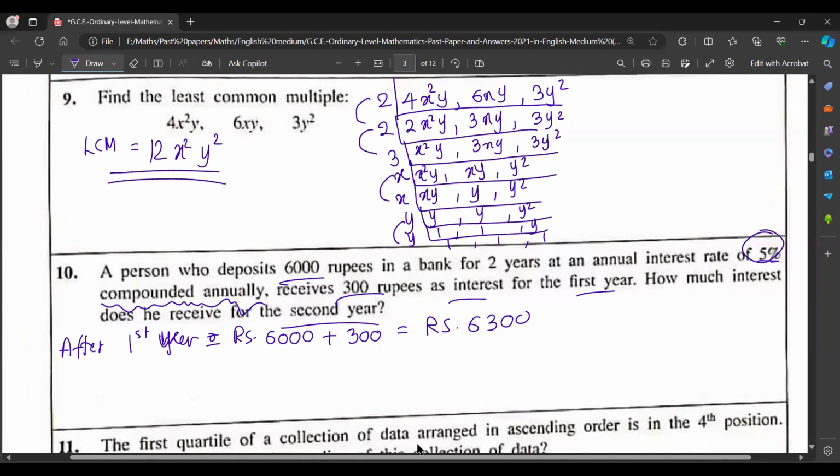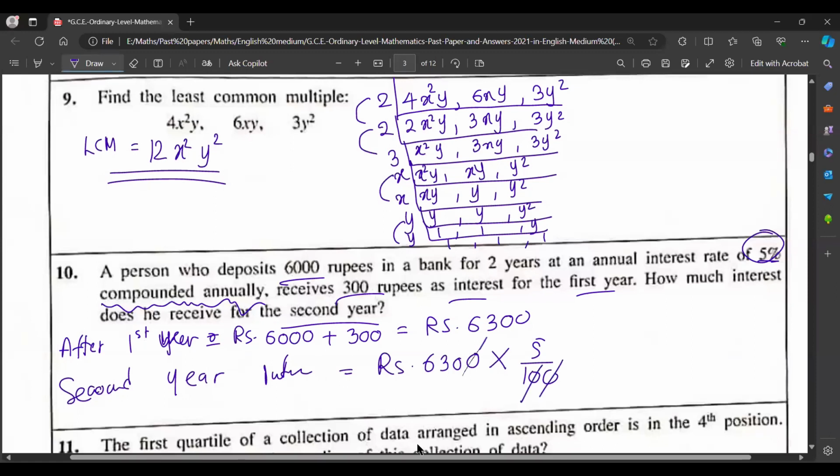They are asking only the second year interest, okay? Second year interest should be calculated on 6,300. According to 6,300, it should be 5%. For 6,300, they charge 5%.